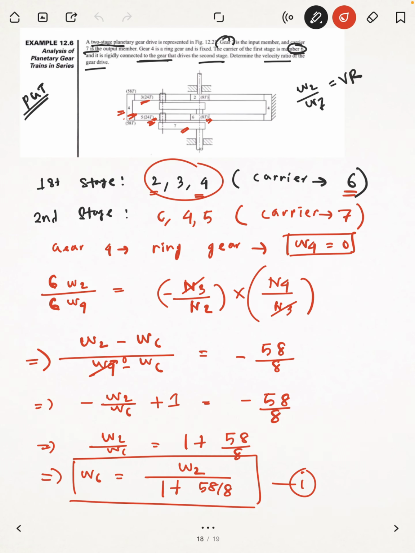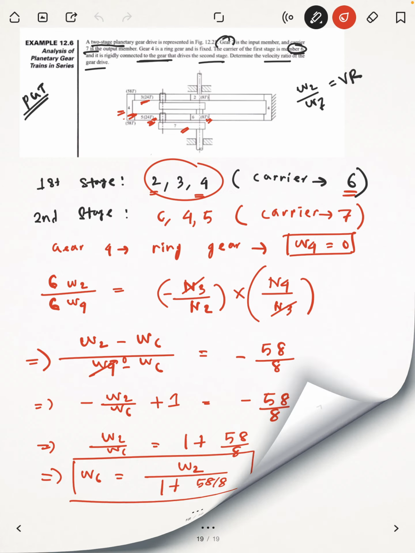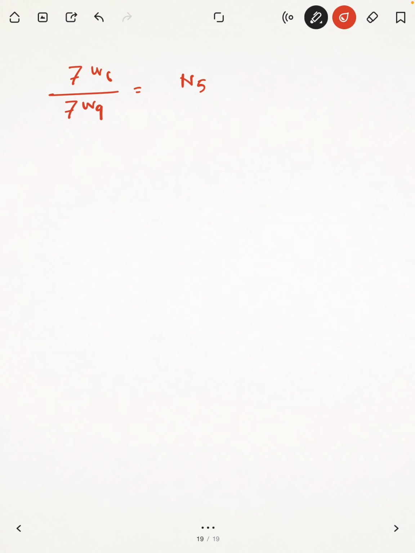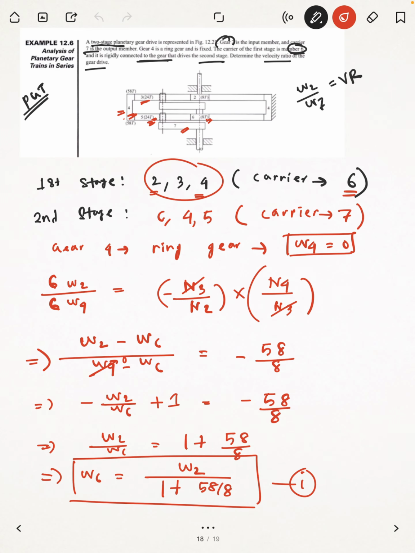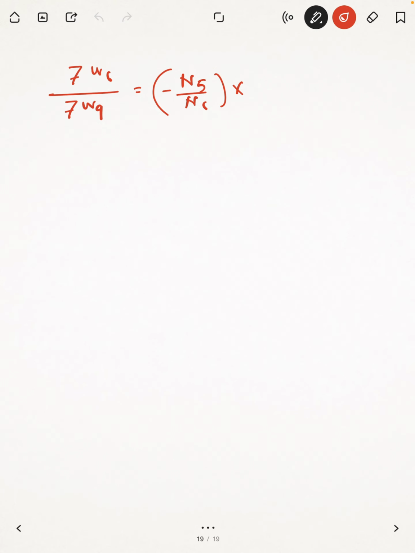Now how are the gears meshed? From 6 to 5, 6 is rotating 5, so it would be N5 divided by N6, and it should be a negative sign, same reason. And then 5 is rotating on 4, so there should be no negative sign.